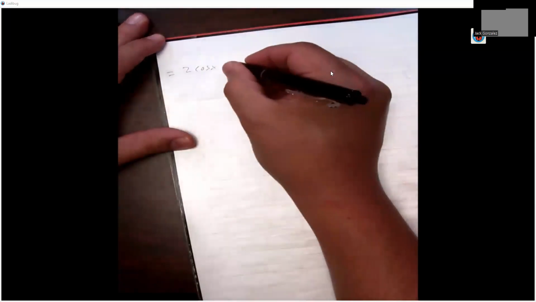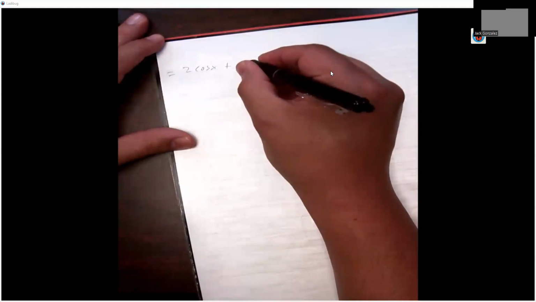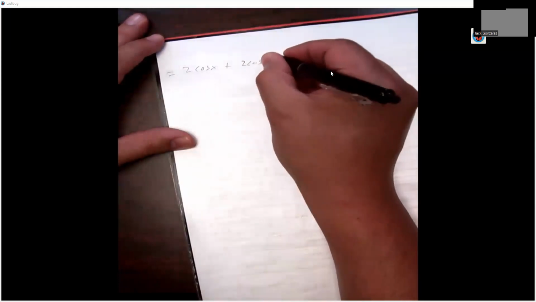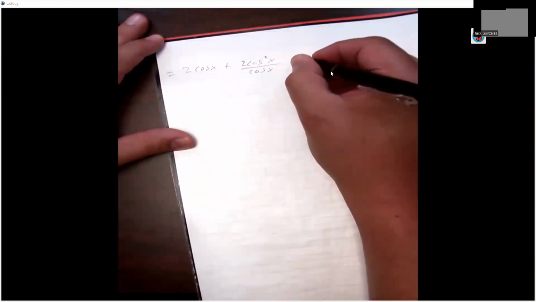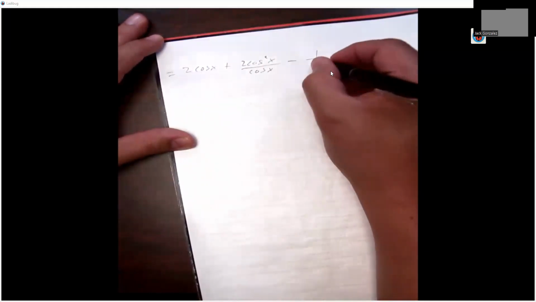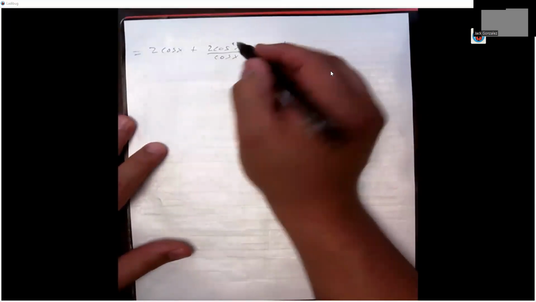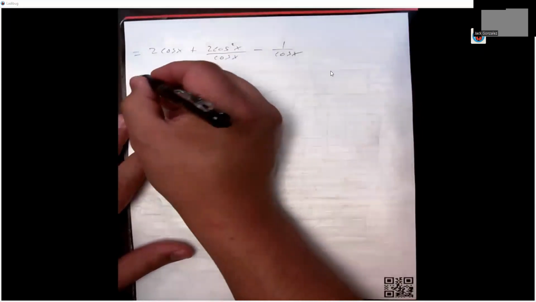Yes, cool, on this page. So we got 2 cosine. You rewrite that last line here. 2 cosine x plus 2 cosine squared x over cosine. Is it minus 1 over cosine? So right away you should see that this becomes just a 2 cosine, right?